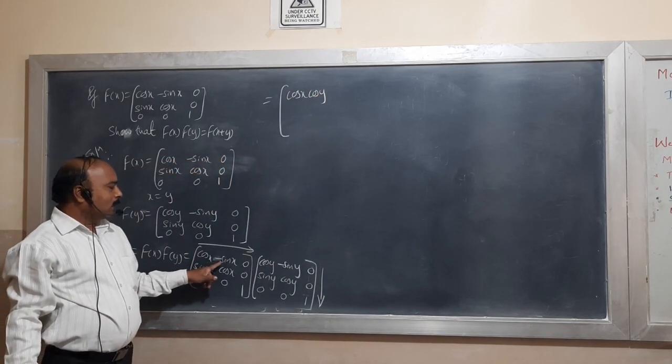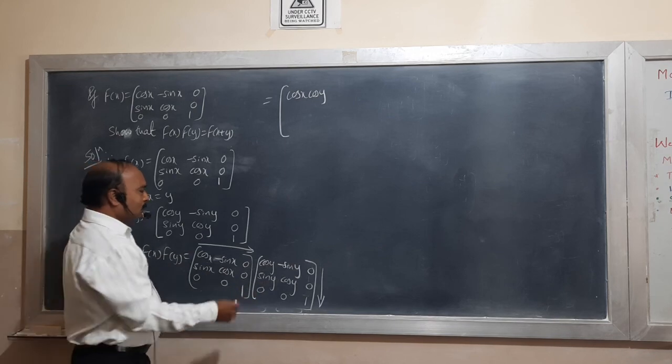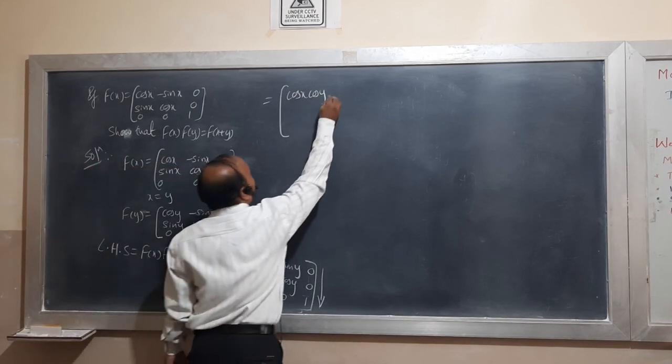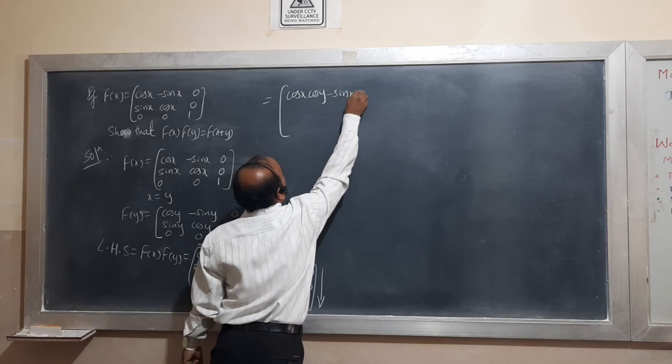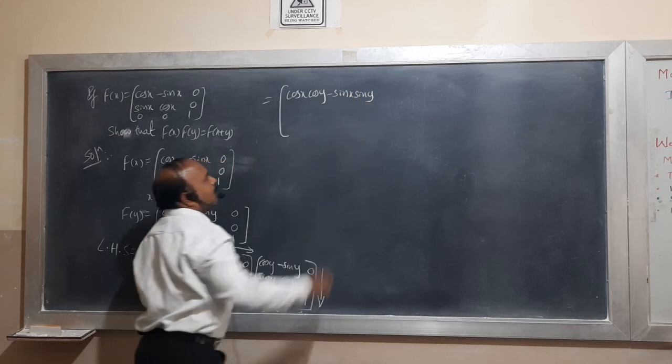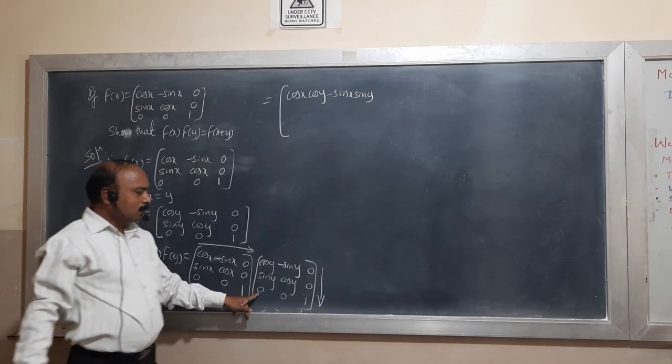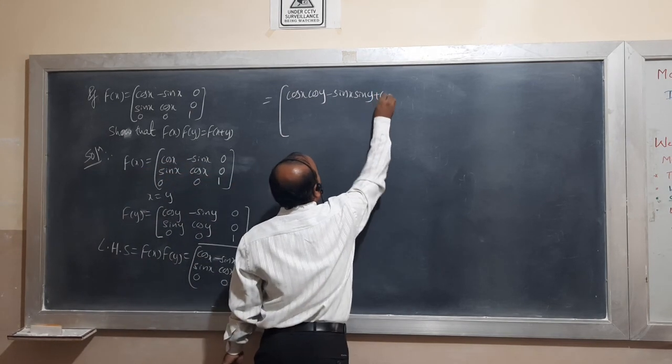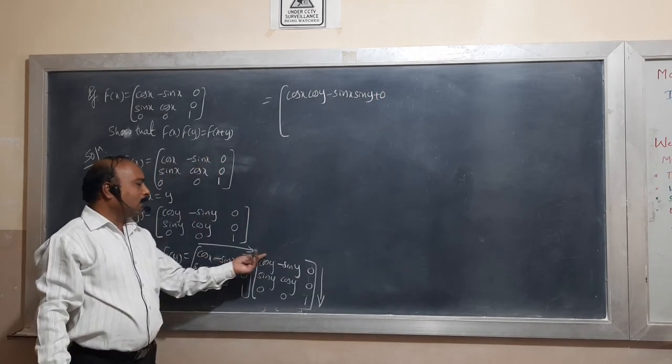Next minus sin x into sin y. Next 0 into 0 plus 0. First row first column completed.